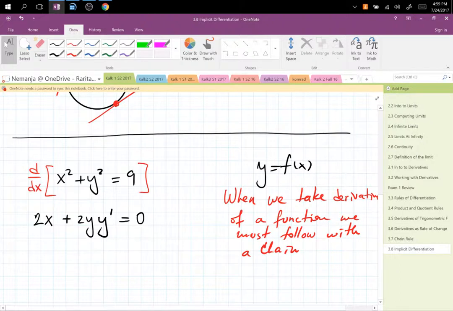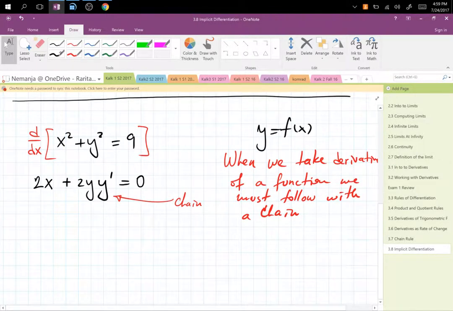So this is that part, the chain. Every time I have to take the derivative of a variable that doesn't match the original variable, we have to follow with a chain. And there's going to be a lot of application to this as we move along.